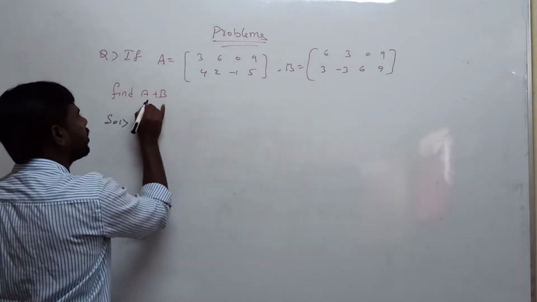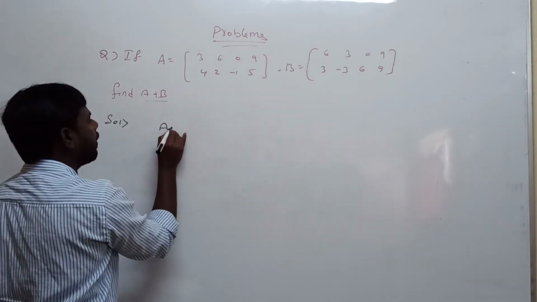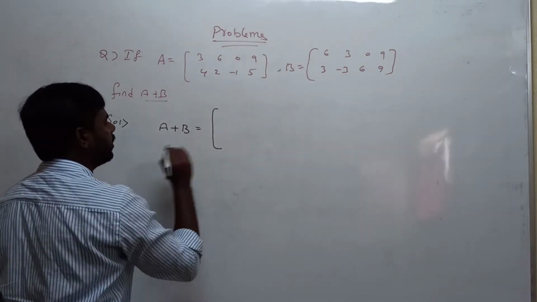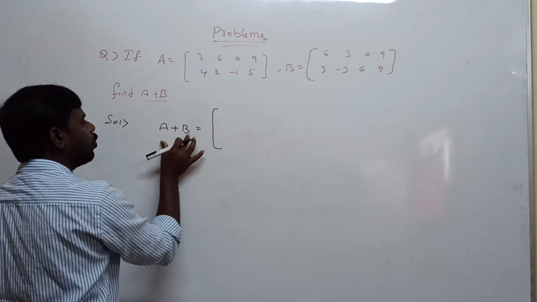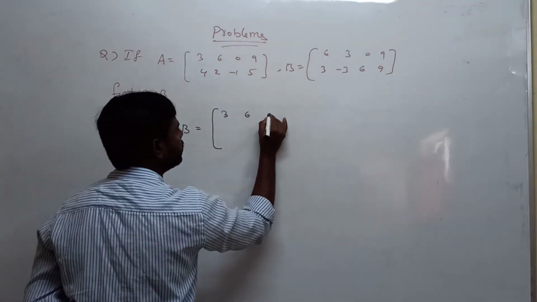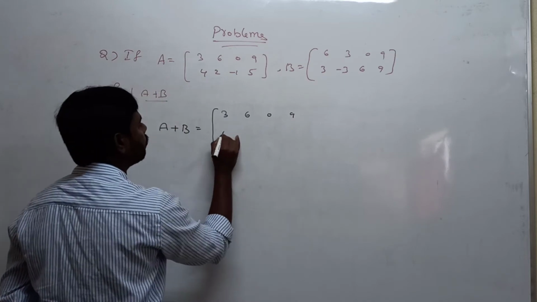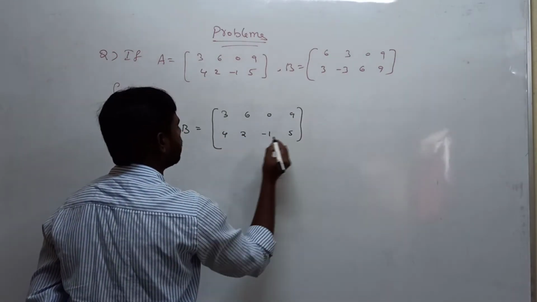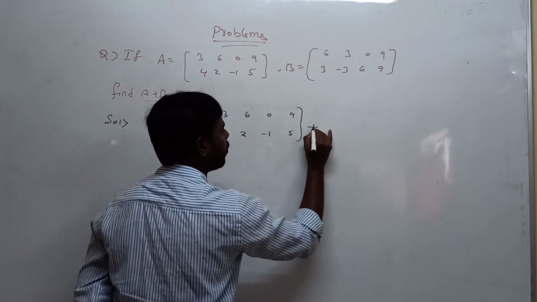What are they asking us to calculate? A plus B, the sum of the two matrices. First, A matrix is [3, 6, 0, 9; 4, 2, -1, 5]. The next symbol is positive, so we take the plus symbol.